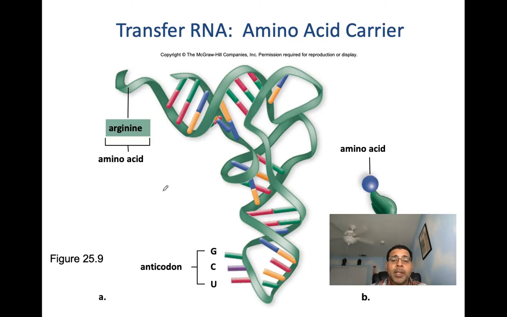So here we can actually see that tRNA. Here you've got your tRNA, here's the anticodon end, and here's the amino acid end. The anticodon end you can see here in greater detail then. It's going to be complementary to the mRNA sequence. So here then is the amino acid it'll carry.